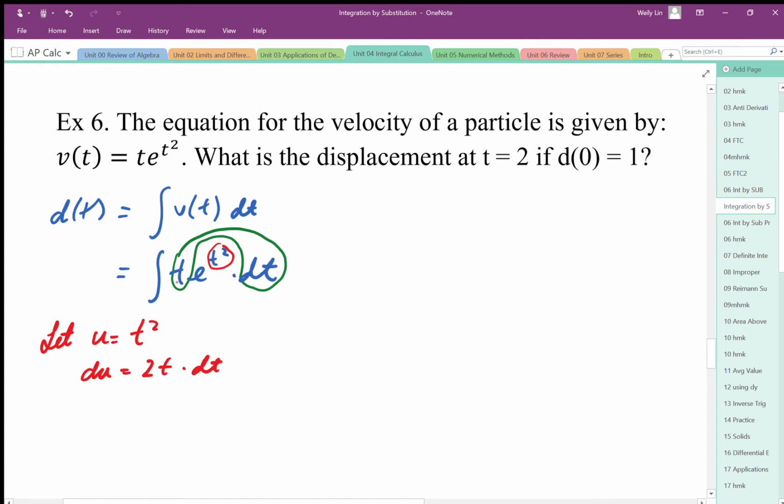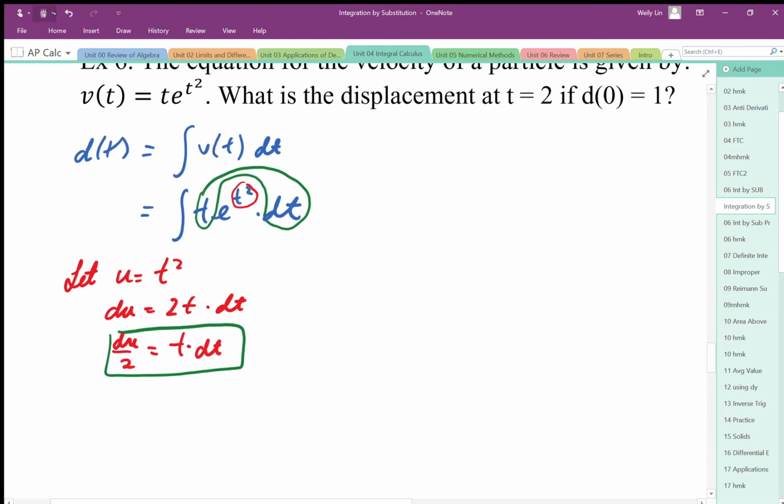Since our integral has a t dt, we're just going to move that 2 over here. And now we have our t dt that we are looking for on the outside. We can now do our substitution. So that green matches the green. Then I'm going to rewrite my integral.